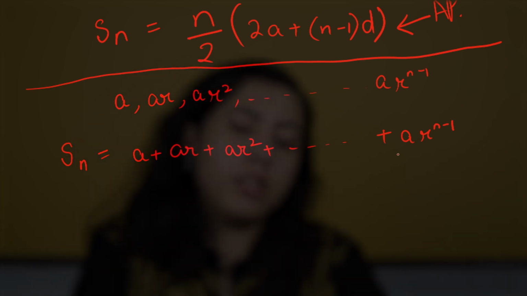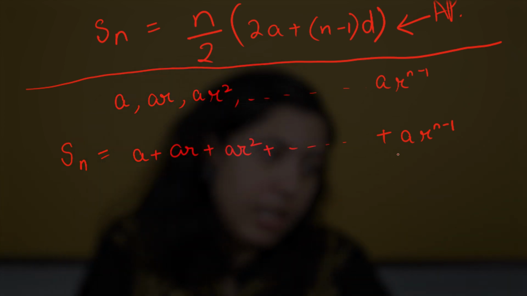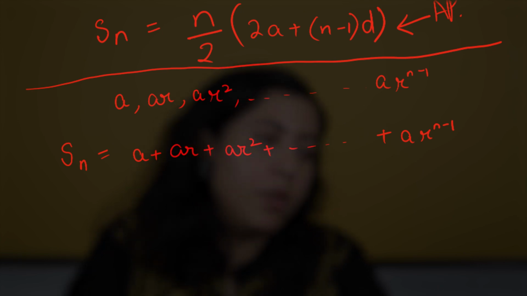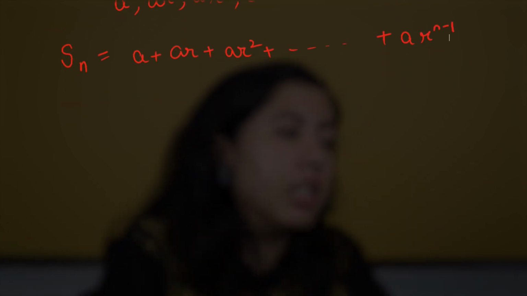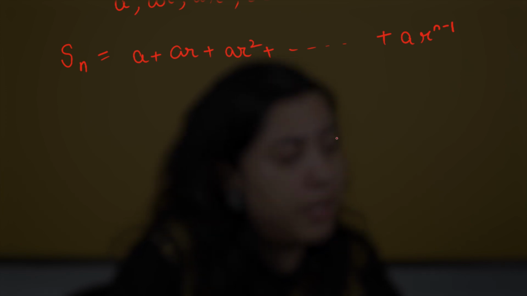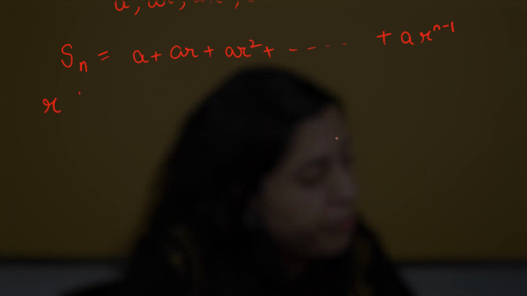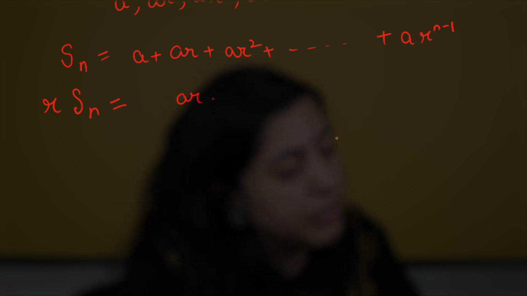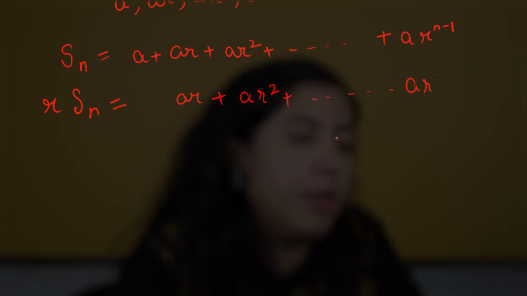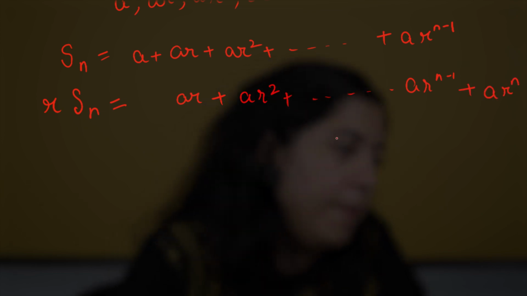Now the summation technique is a little bit different in the case of geometric progression, and we'll use the same technique to find the sum of the arithmetico-geometric series, that is multiplying the whole equation by r, the common ratio. So r times Sn is equal to ar, then ar squared, and the last term will be a times r to the power n.